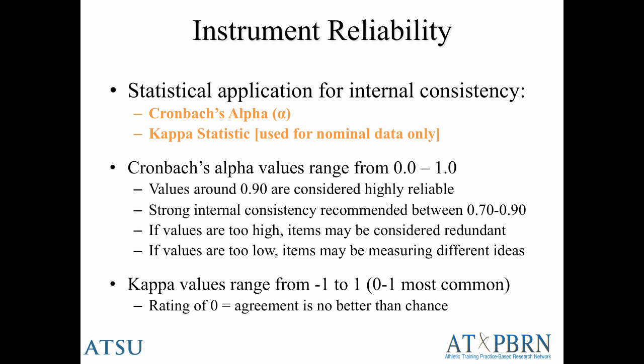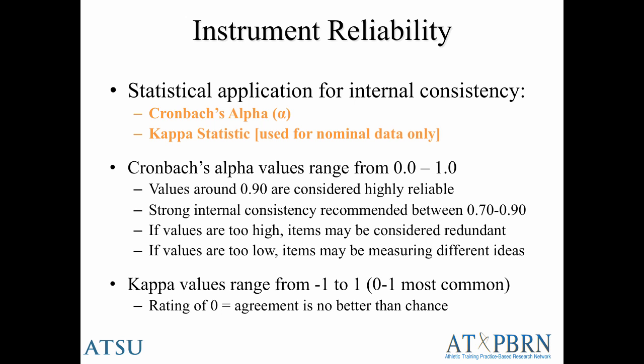The kappa statistic is also used to measure internal consistency when the data of the instrument are nominal. As a refresher, nominal data are classified into predetermined categories such as sex, leg dominance, blood type, or highest educational degree. Nominal data are mutually exclusive, meaning that the subject or characteristic can only fit into one category.